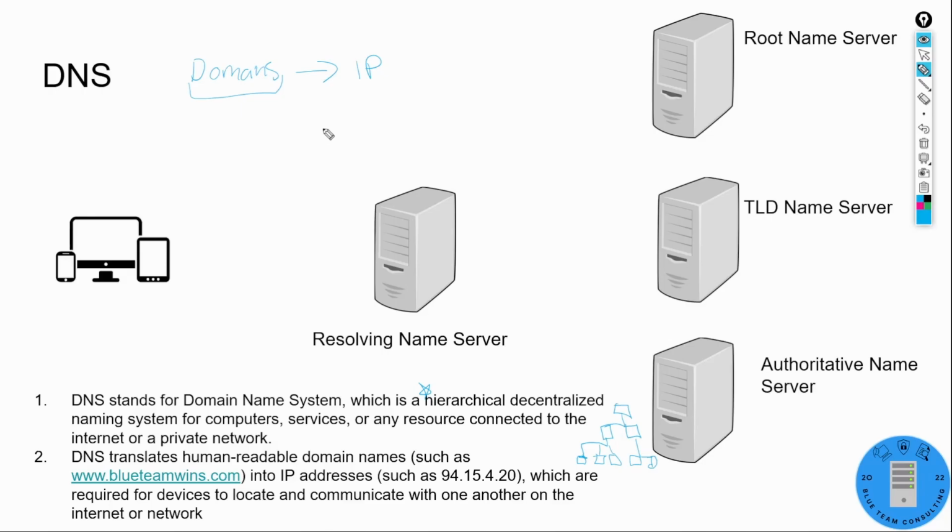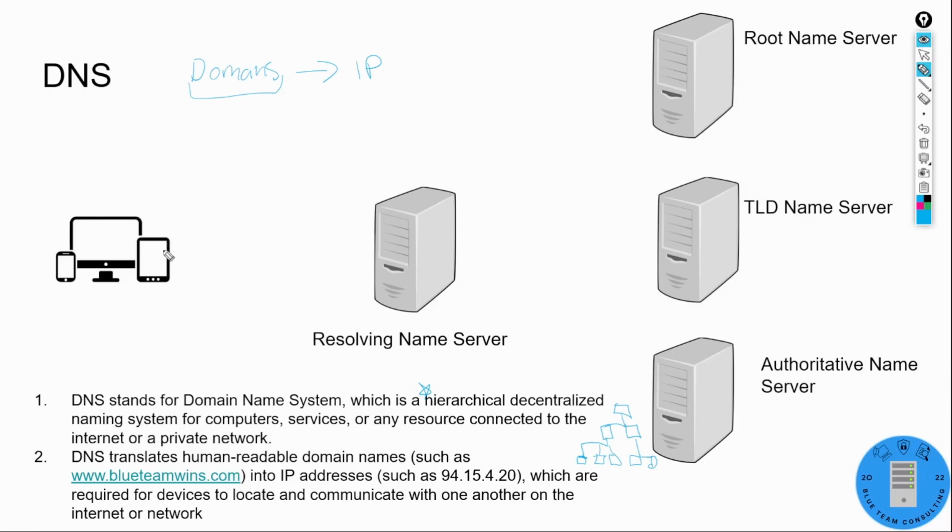I don't know about you, but I can't memorize a bunch of IP addresses for all the websites that I know. But I can remember to type in google.com, blueteamwins.com, linkedin.com. DNS will take care of us having to memorize all of the IPs that we would have to put into our URL by doing the service of the domain name system.